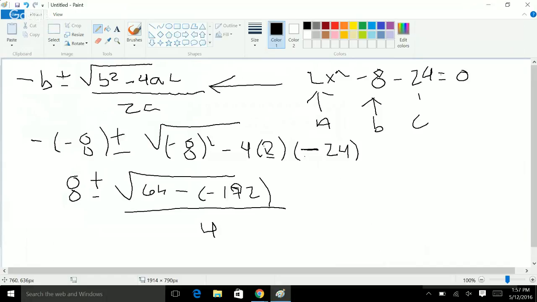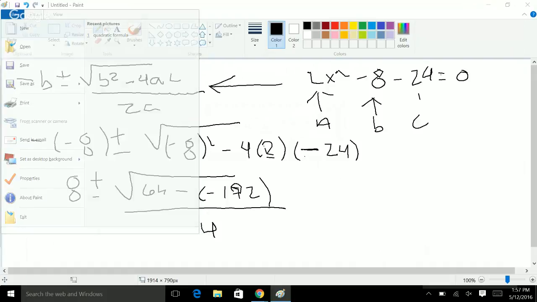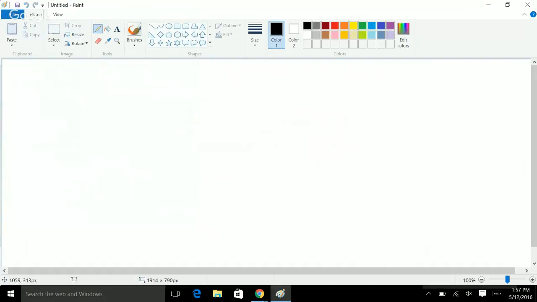I'm going to use another space because my handwriting's pretty big. So we're just going to go 8 plus or minus the square root of 256 divided by 4.